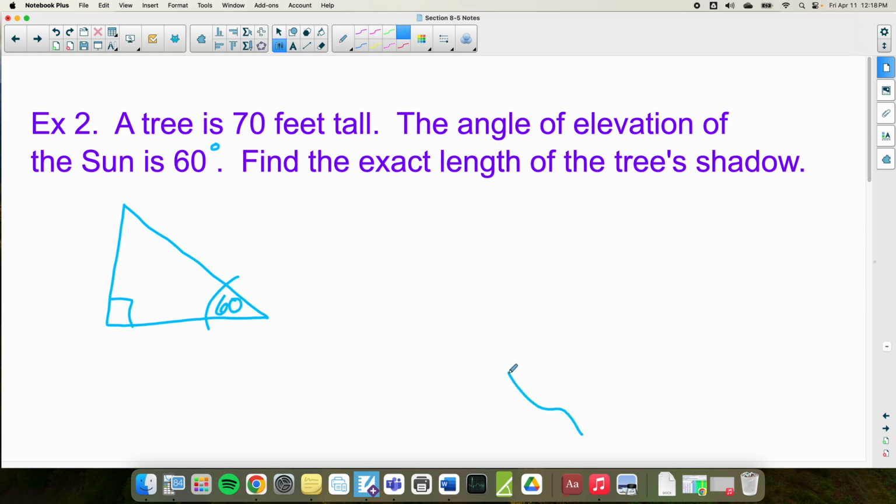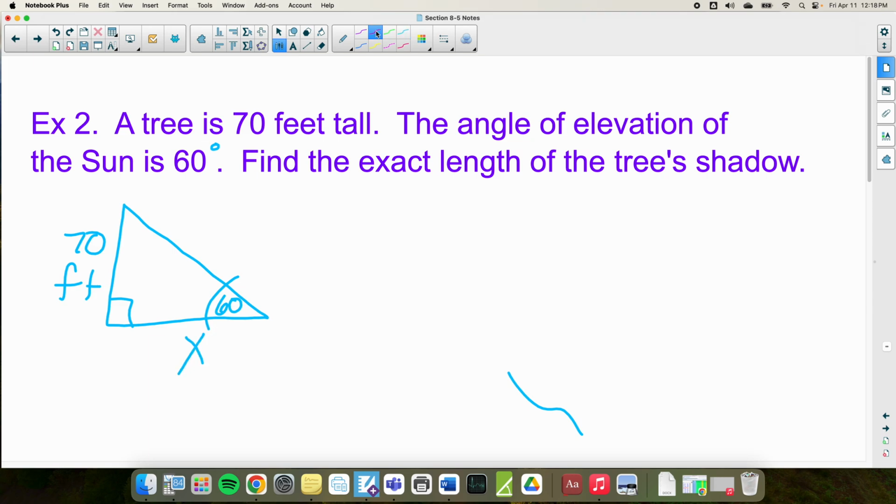Where do you think the 70 feet tall goes? Does that go vertically or horizontally? Vertically. That's how tall your tree is. And then it says, find the exact length of the tree's shadow. Is the tree's shadow gonna be on the ground? Yes, right? So this is X.